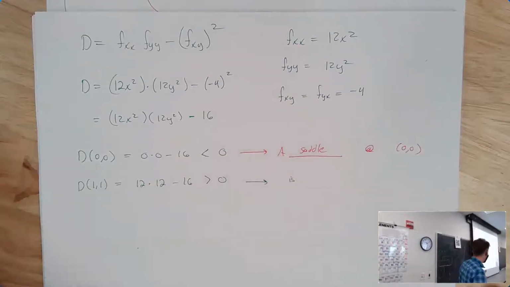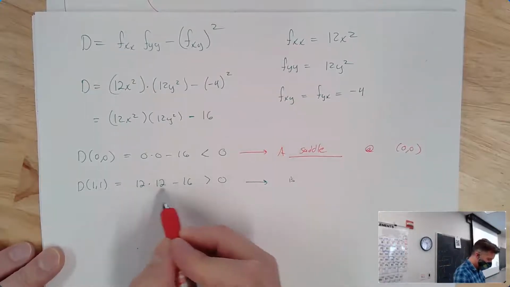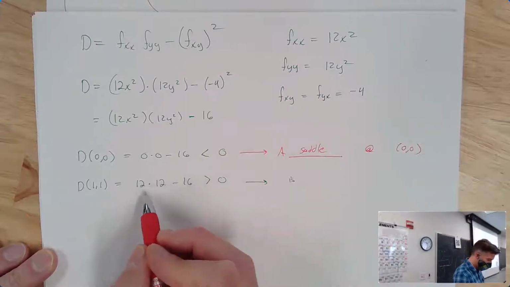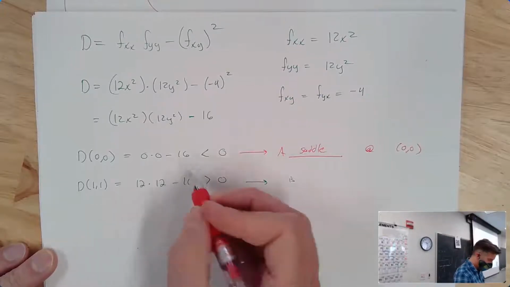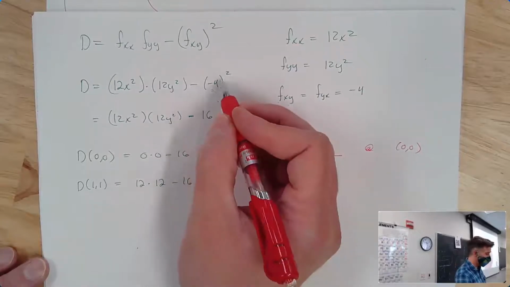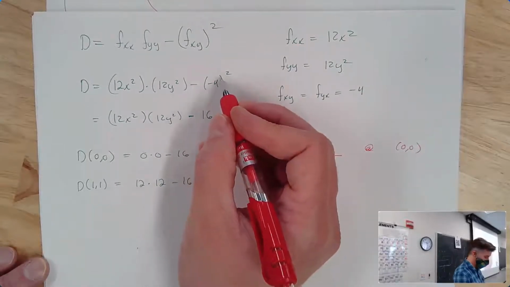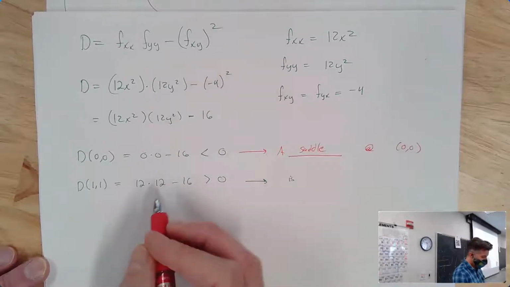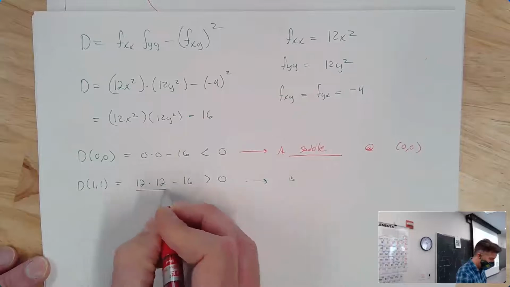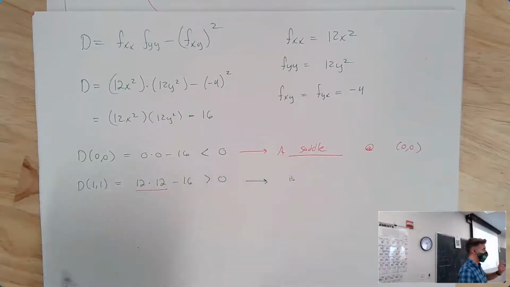I want to point out, if this thing is positive, it means this part here was bigger than this part here. It's always going to be this thing minus that thing. And the second thing is always already going to be positive because it was something squared. So this is always positive, meaning that if this entire quantity is positive, this had to be bigger, meaning it had to be positive.